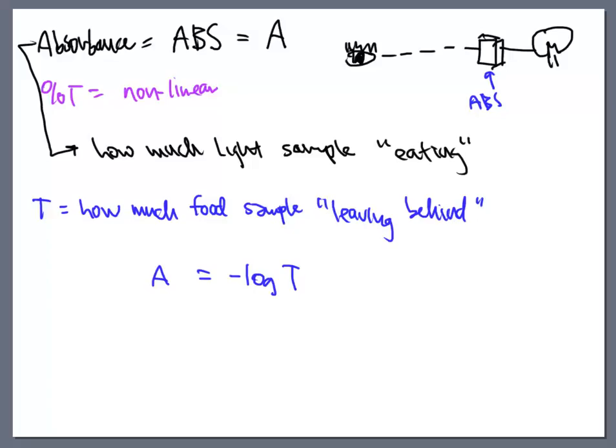So very early on, in the beginning, we had instrumentation that would give us the transmittance value. And we would have to sit down with these numbers and we would have to negative log every single one of them, all the way down.